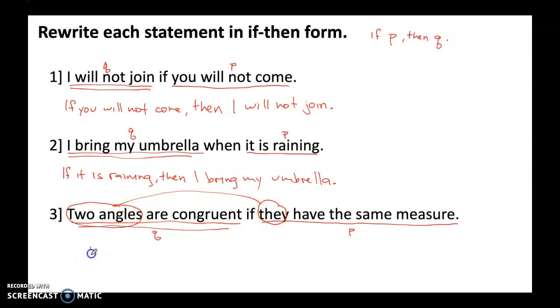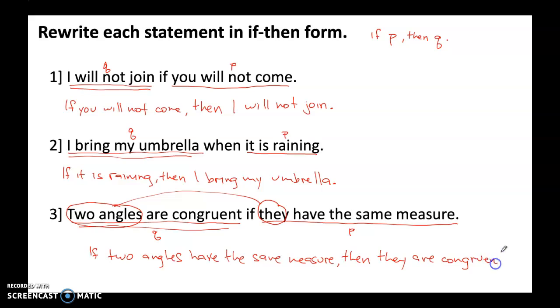So if two angles have the same measure, comma, then they are congruent. Again, to make it grammatically correct, we start with the noun and then pronoun.